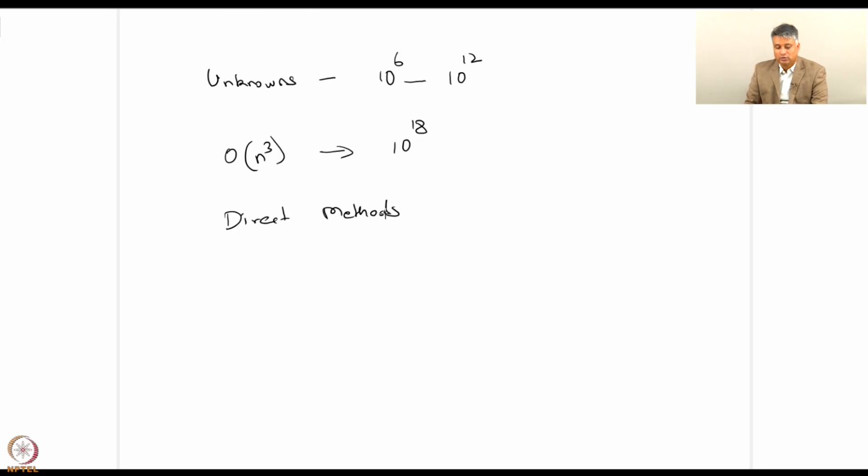So a problem which needs 10 raised to 18 steps would take, on a machine capable of doing 10 raised to 12 calculations per second, roughly of the order of 1,000,000 seconds to solution. And this is an inordinately large time. So most reasonable problems will no longer be tractable to be solved on modern computers.